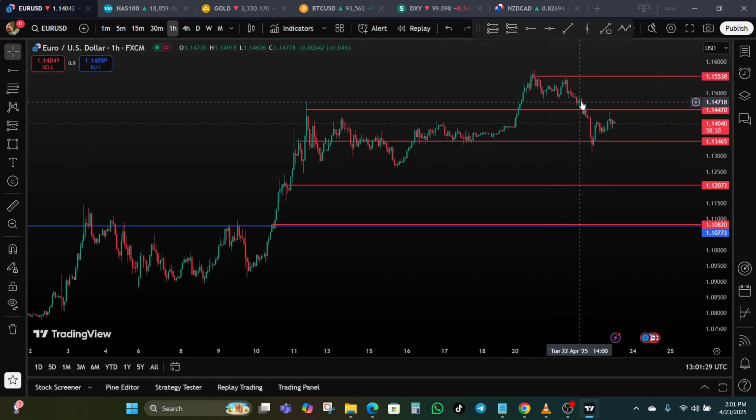Lot size 0.08 will also be in profit, and the trade with lot size 0.04 will be in a small profit. So the only trades that are going to be in loss at this particular point would have been that of 0.02 and that of 0.01. So do you see now?